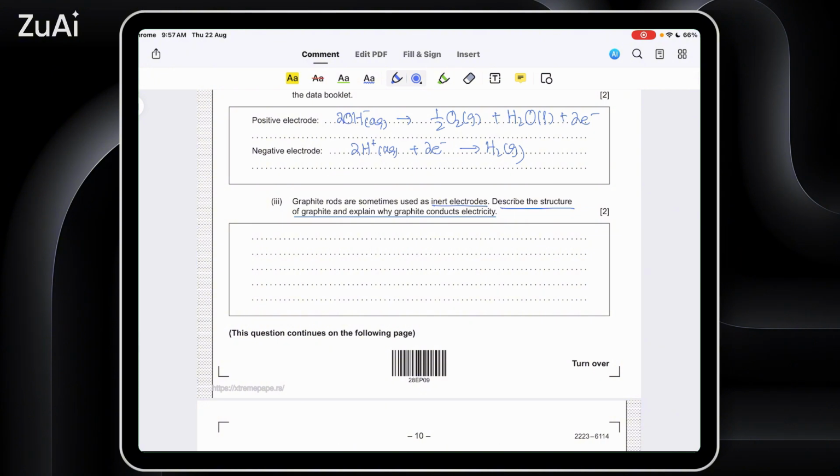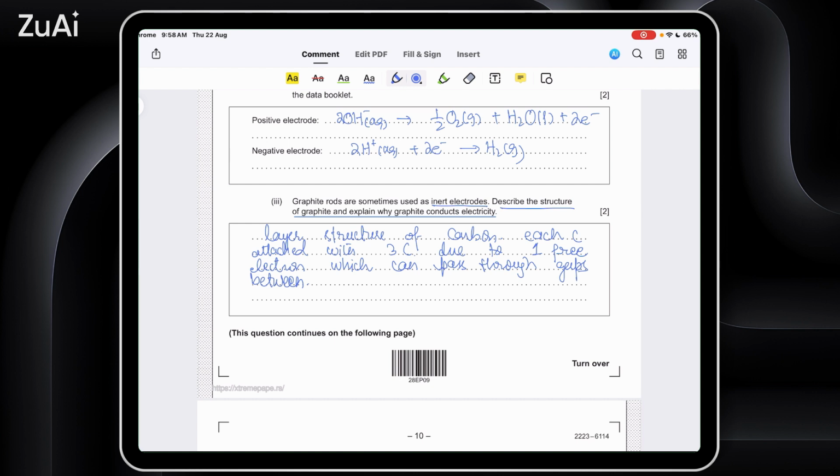It has a layer structure of carbon, and each carbon is attached to 3 carbons, leaving one free electron which can pass through the gaps between the layers.